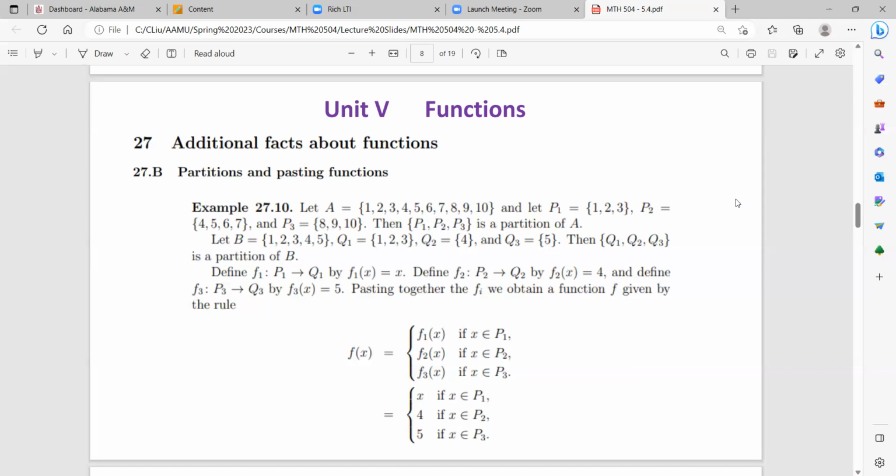Then you can combine all the subsets in the domain and all the codomains from those functions and define a large domain and a large codomain, and that will make a function from the large domain to the large codomain if you just combine all of those functions together. So that's how it works for piecewise defined functions.